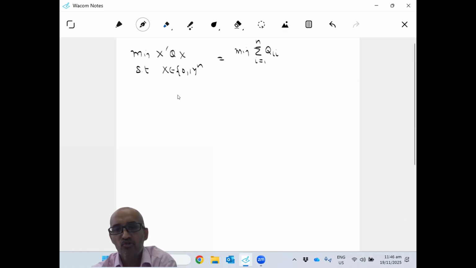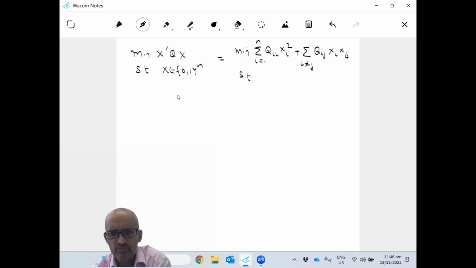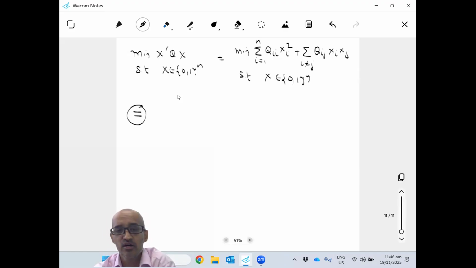Let's say the diagonal entries of the matrix, they will pick up xi squared. The off diagonal entries, I'm going to call them i not equal to j. There are qij terms, xi xj, subject to x in {0,1}^n. I claim, so this is quadratic still. I claim this can be written as a mixed 0,1 LP.